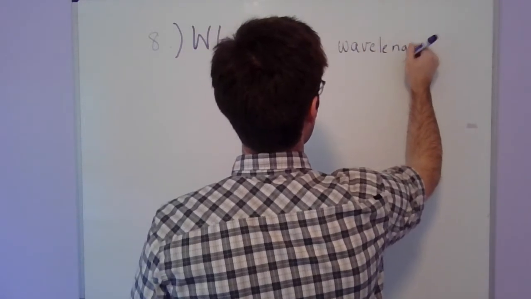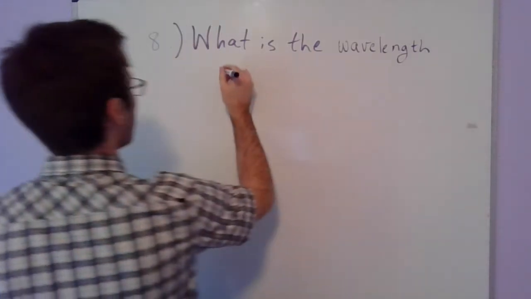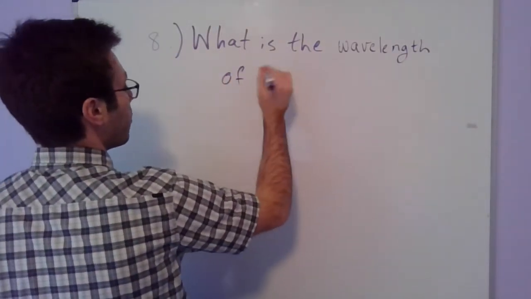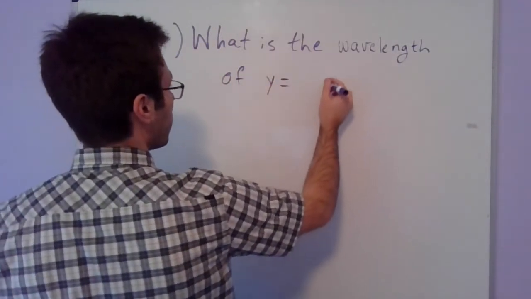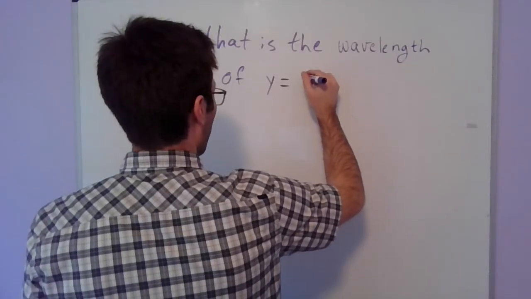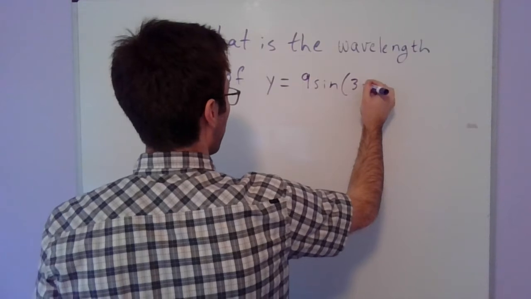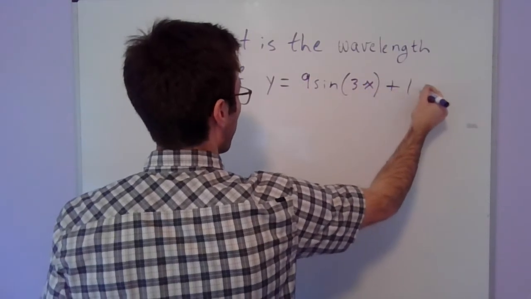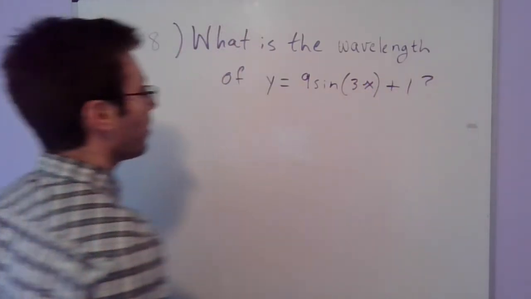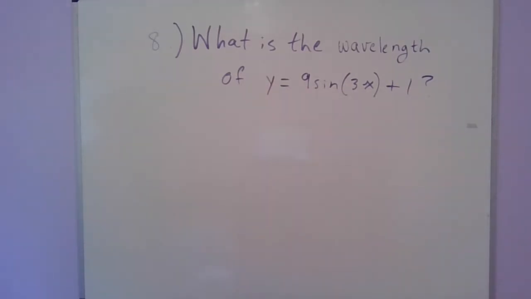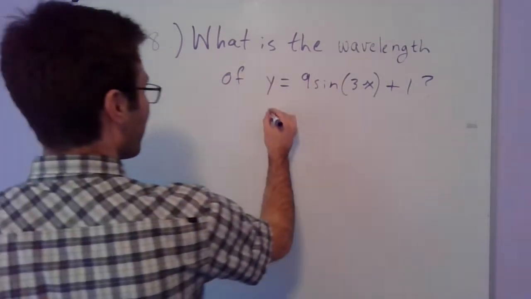Wavelength of, let's say, y equals 9 sine of 3x plus 1. Yeah, let's do that one. What is the wavelength? Everyone remember the formula?